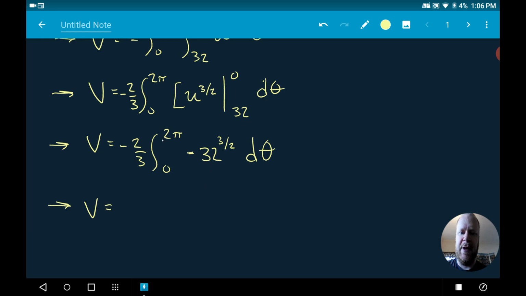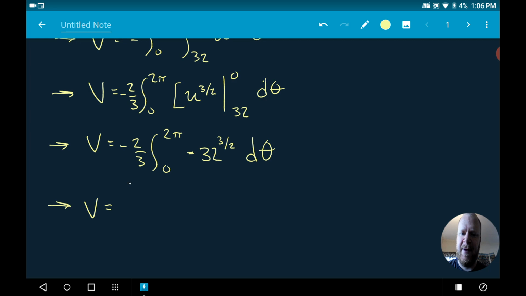The only thing I need to do, so I don't have any theta terms in here, when I integrate this, it's going to end up becoming theta. And I'll evaluate that from 2 pi to 0. So a quick way to do this is I'm going to multiply everything by 2 pi.